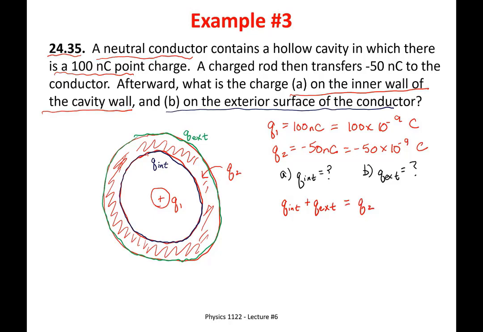This will allow us to solve for the charge on the exterior of the conducting shell if we can figure out the charge on the interior surface. We can rearrange it to solve for Q exterior, and this I'll call equation 1. So we next turn our attention to trying to find Q interior.